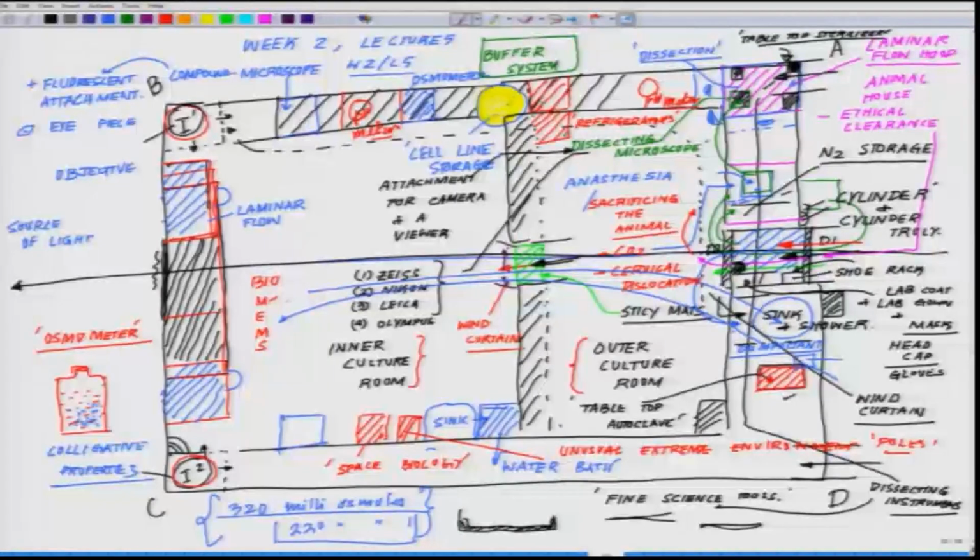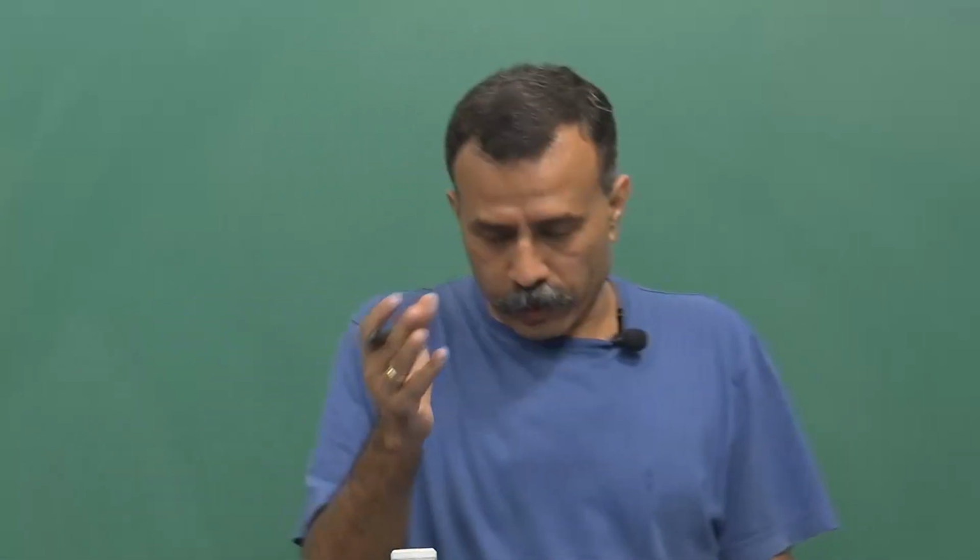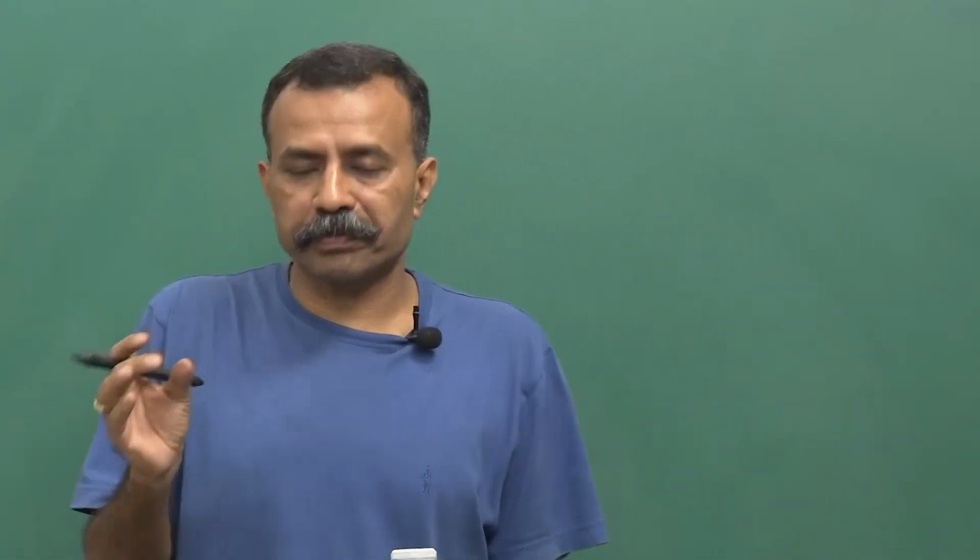M stands for micro, E stands for electro, the second M is mechanical, S stands for system: biological micro electromechanical systems. These are essentially microstructures, and we will come to them later.